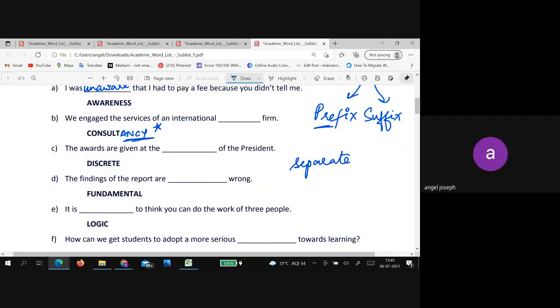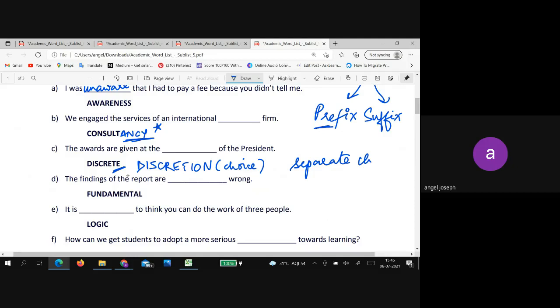So the awards are given at the discretion of the president. The word here takes the form of discretion. That's what the answer is. The word discretion basically means something like a choice. What kind of choice?